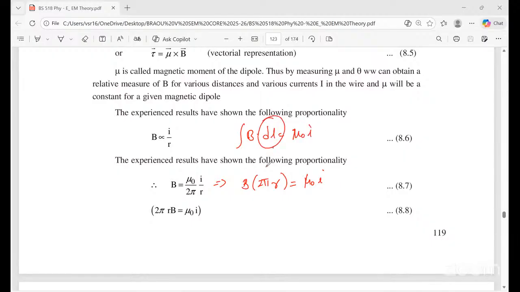But what is the dl value? Getting my point? dl value by equating these two.